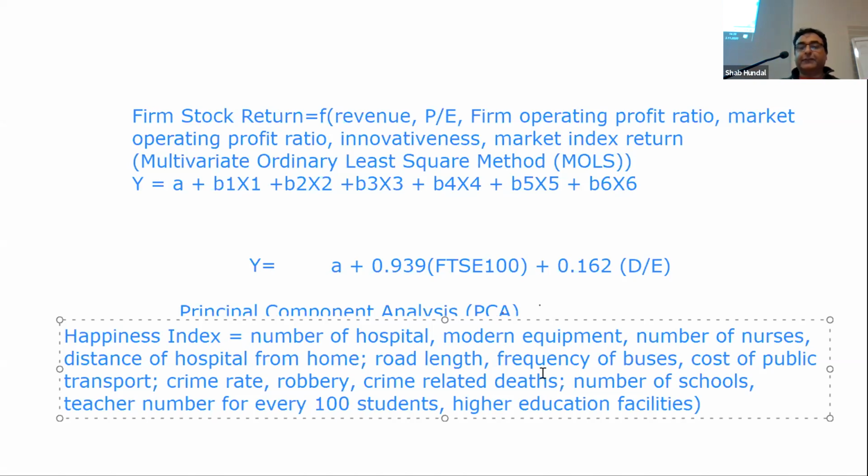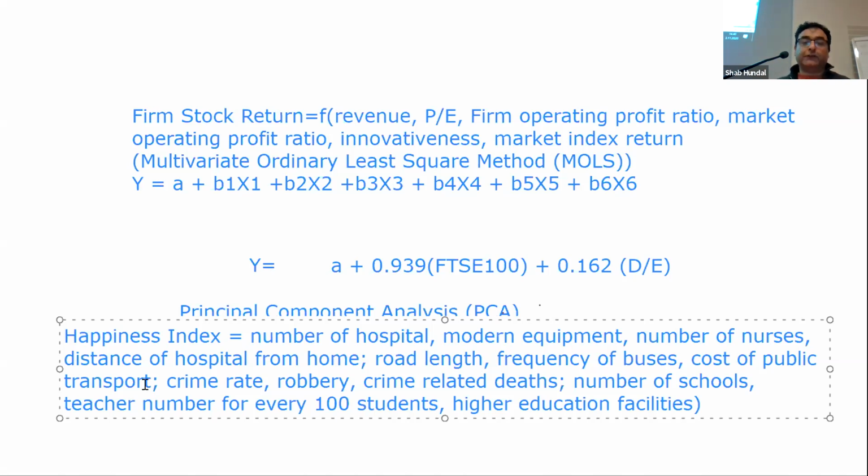Look at the second set of variables: road length, frequency of buses, cost of public transport. Do you find any similarity between these 3 variables? You do. Are they all related to some kind of transportation? So it means there are 3 variables of transportation. But is there any way that we can condense them into one construct or one phenomenon called transportation? You with me?